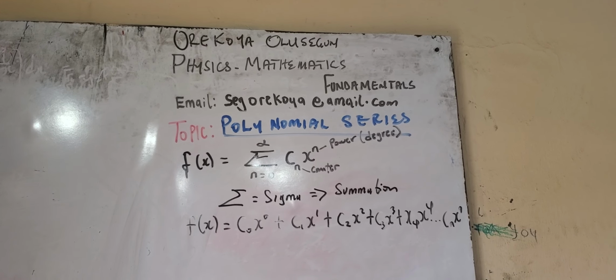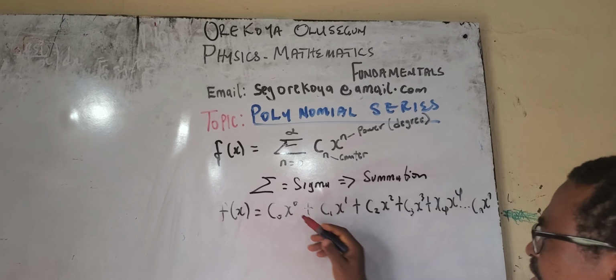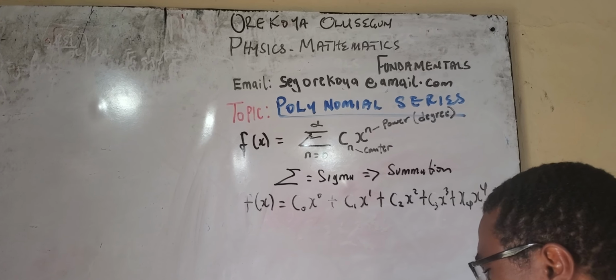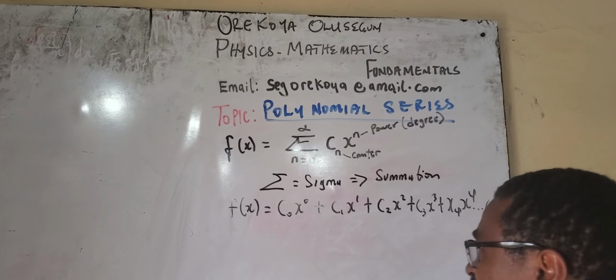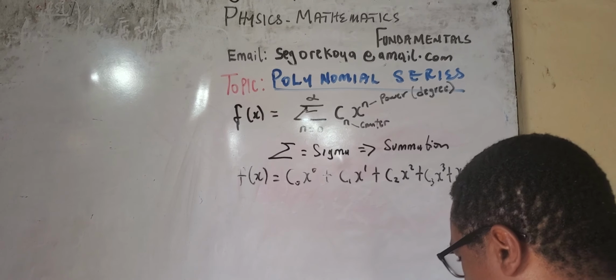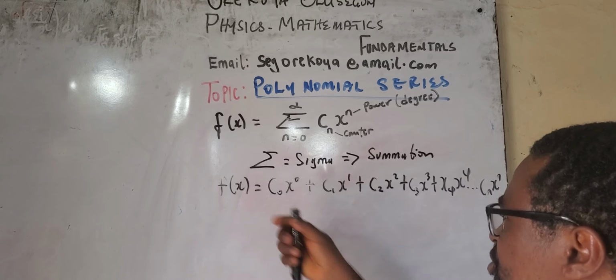In mathematics, any parameter that is raised to power 0 actually gives us 1 as our answer. So this x raised to the power 0 is actually 1. So what I'm going to do now is to rewrite this function in this format.